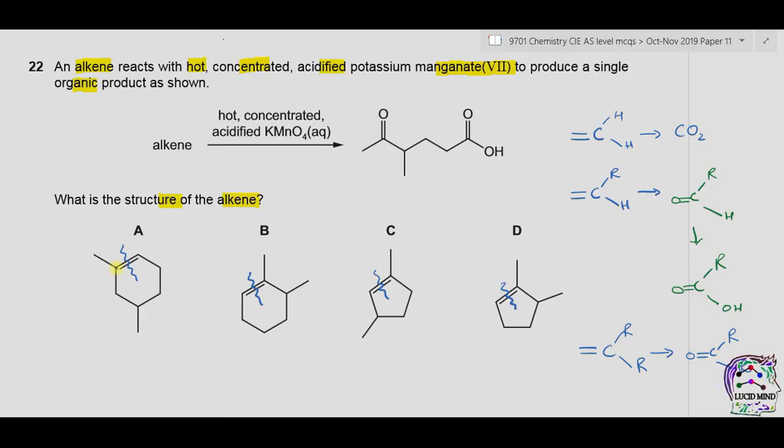Let's find out what products are formed. This carbon atom is attached with two alkyl groups, so it is converted into ketone. This carbon atom is attached with one alkyl group and one hydrogen atom, so it will be converted into carboxylic acid.